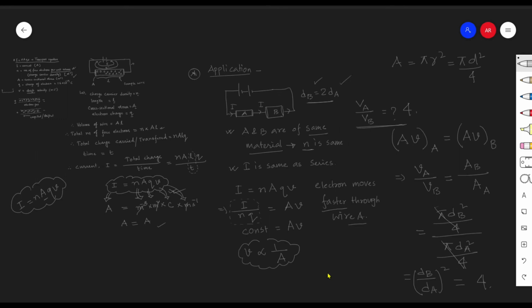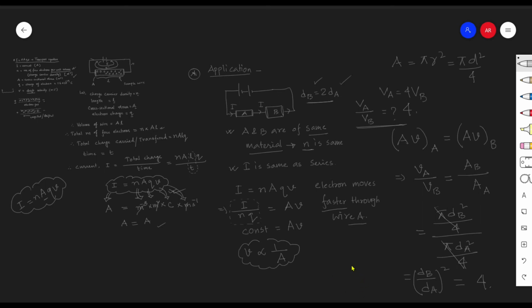That means electron moves 4 times the drift velocity compared to wire B. The velocity with which electron moves through wire A is 4 times that through wire B. So VA equals 4 times VB. So electron is faster, and how many times faster? It is 4 times compared to the drift velocity of electron through wire B.